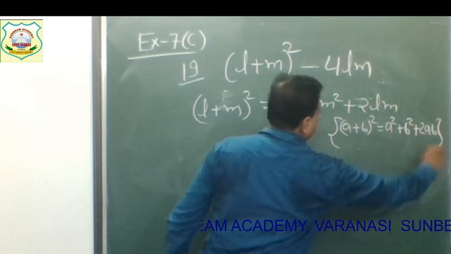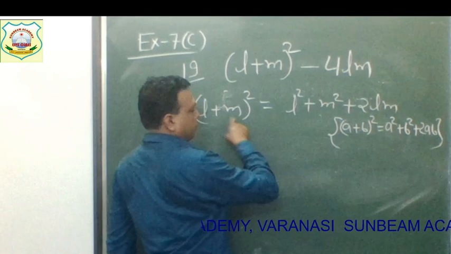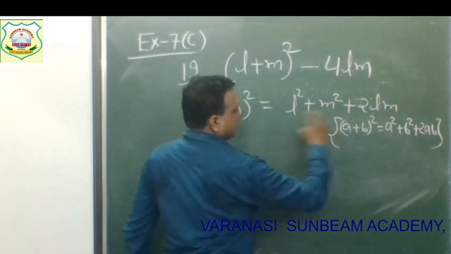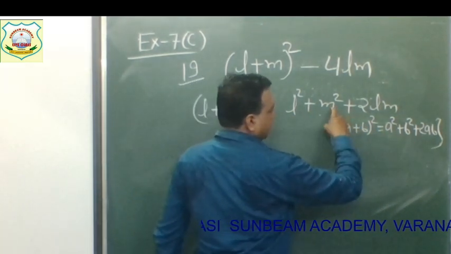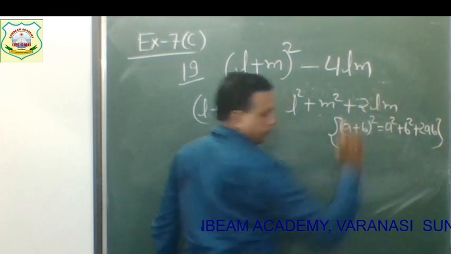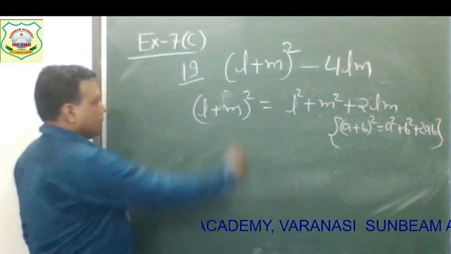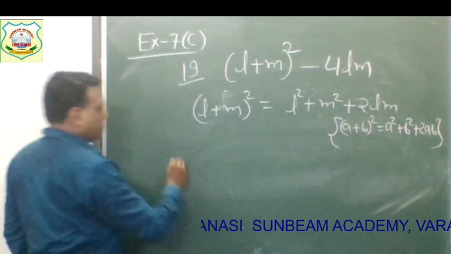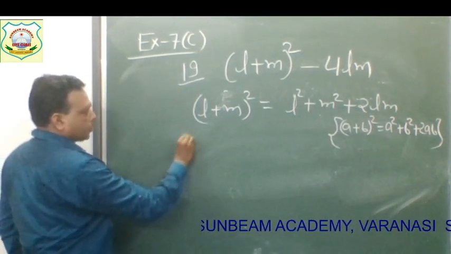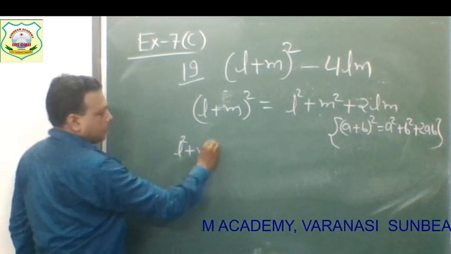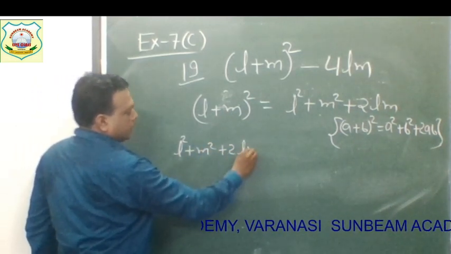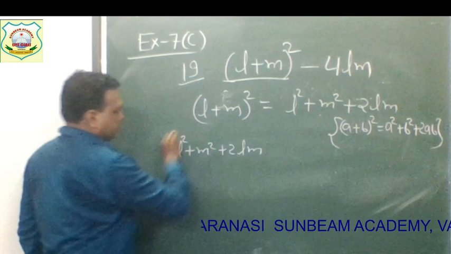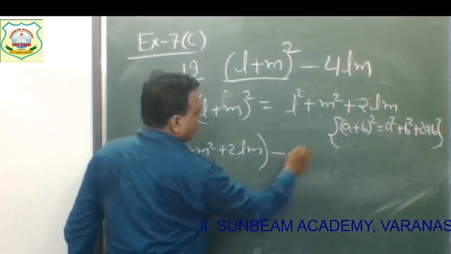Just like the same, (L plus m) whole square, a square, that is L square, plus b square, that is m square, plus 2ab, that is 2lm. Clear? In place of this we will write this formula, whatever expanded form we have got, L square plus m square plus 2lm, it is given in this place in brackets, minus 4lm.